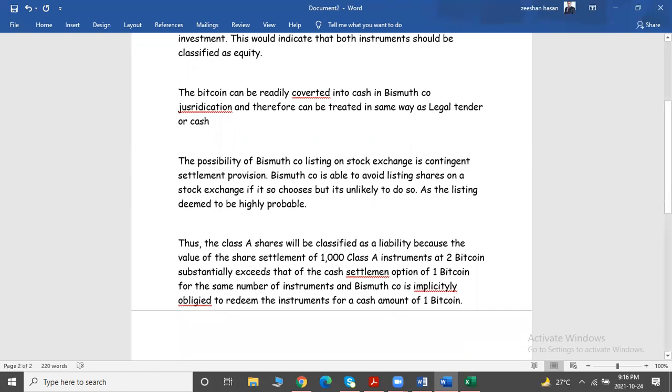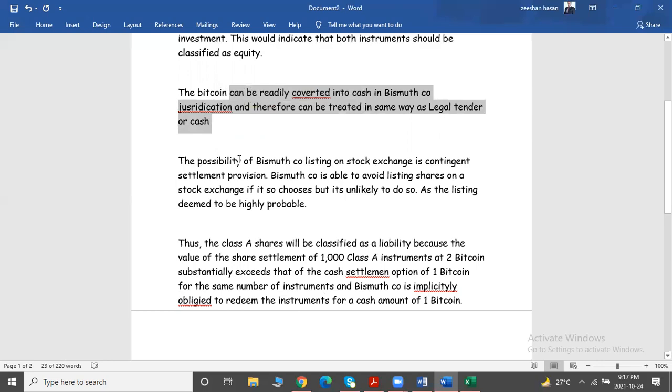So simply, in the beginning, we just gave the introduction of financial instrument, financial liability. In the beginning it seemed to be equity, but then as we saw, it can be readily converted into cash.